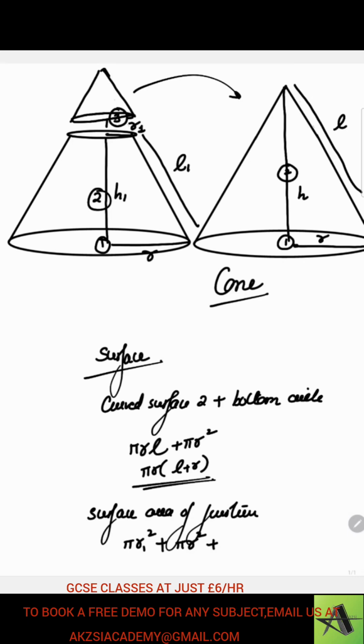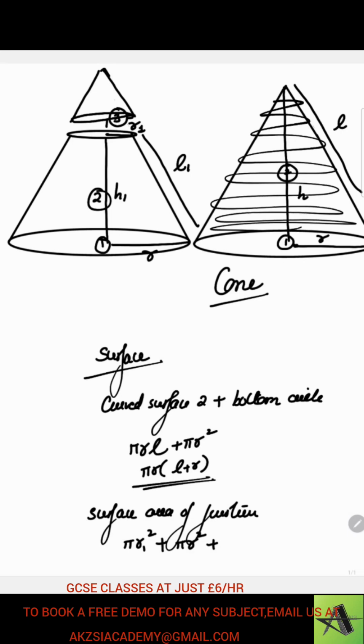So if I calculate the area of this curved part, because in this cone there are two surfaces, the bottom circle and the curved surface, it was easy to calculate the area of the two circles. Now we have to calculate the area of the curved surface.